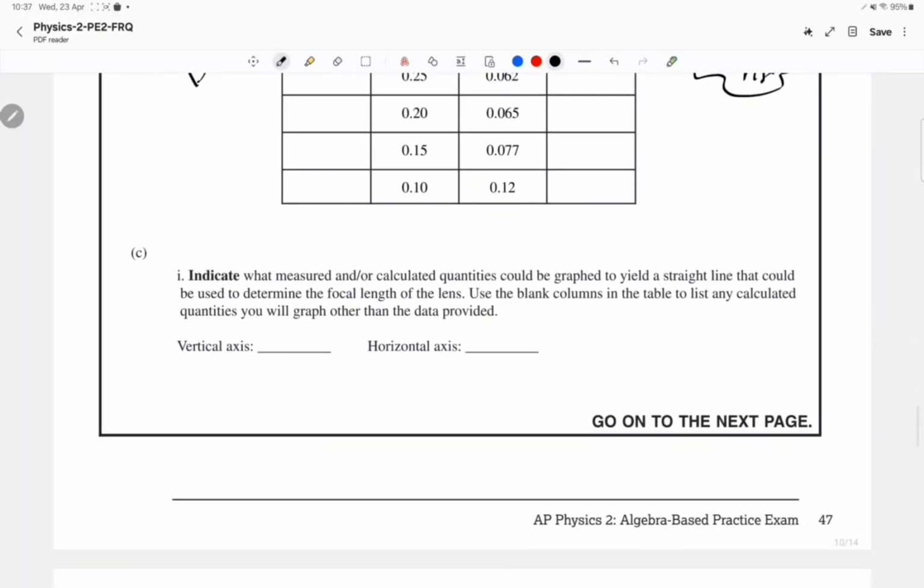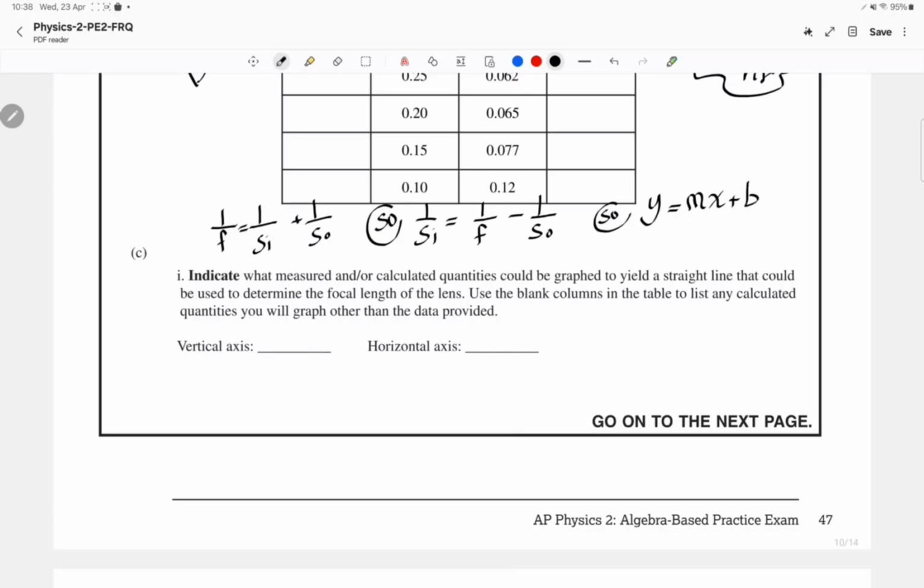Now, I think you should know that the lens equation is 1 over f is 1 over s_i plus 1 over s_o. And we are able to change s_o, which is the object distance. So 1 over s_i is equal to 1 over f minus 1 over s_o. Essentially, this looks like y is equal to mx plus b.